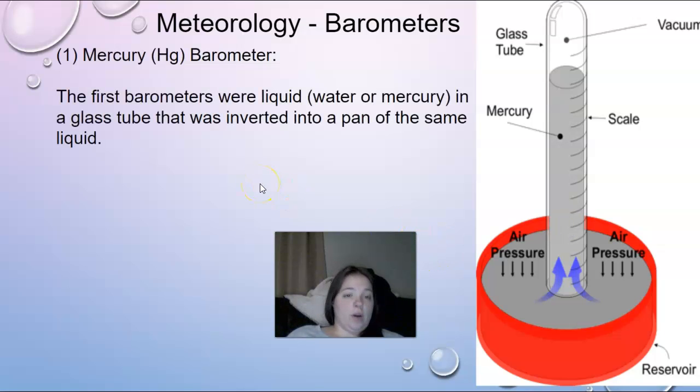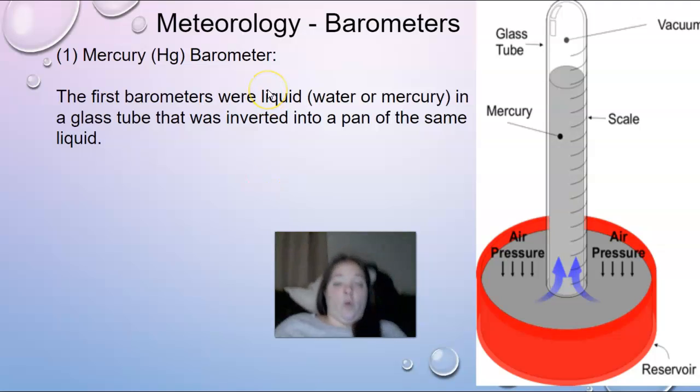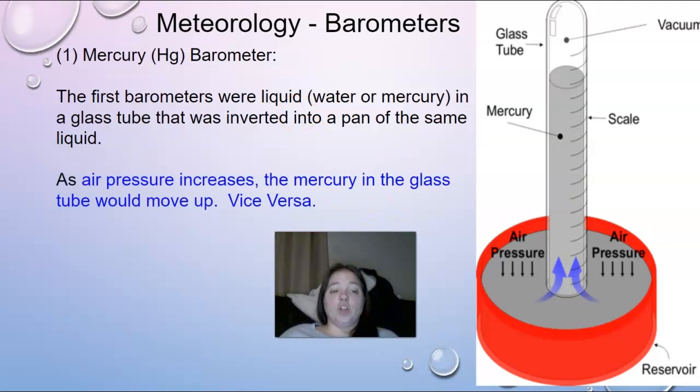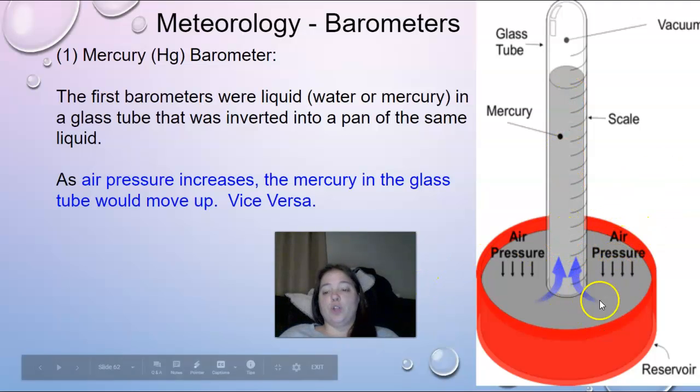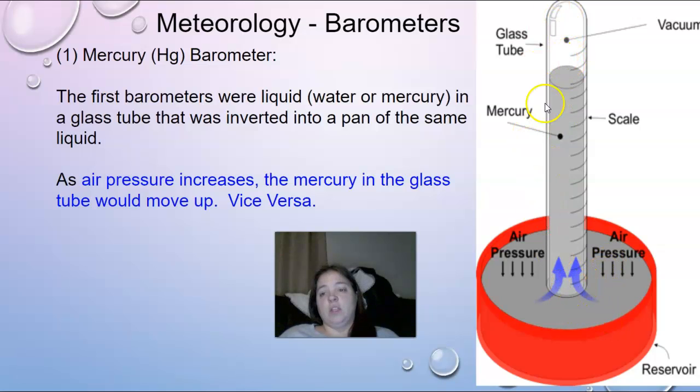These were the first barometers, and it came with some type of liquid, either water or mercury, in a glass tube that was inverted into a pan of the same liquid. As air pressure increases, the mercury in the glass tube would move up, and vice versa. As it decreases, it would move down. Okay, because the air pressure is pushing on that liquid, which in turn pushes it up into this scaled tube.